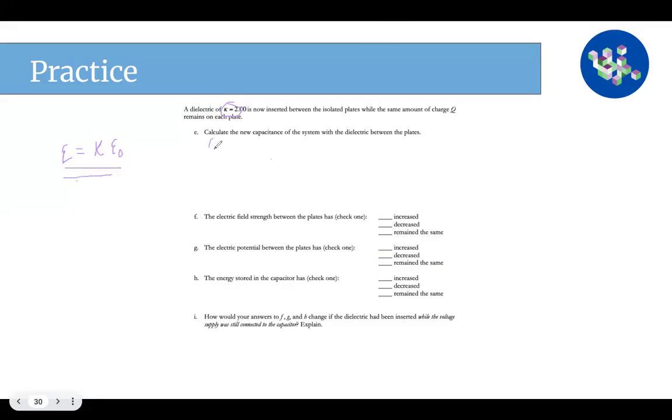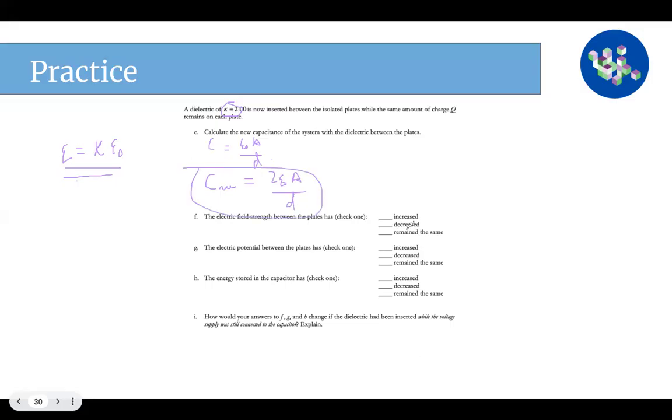We originally had C equals epsilon zero A over D. So this is the C old. So the new C, with the dielectric, instead of having epsilon zero, I put kappa times epsilon zero. And I know kappa is 2, right? So C new would be 2 epsilon zero A divided by D. That is our new capacitance.